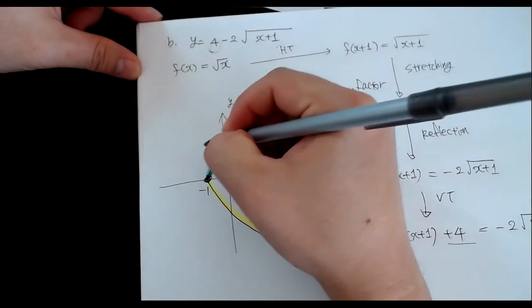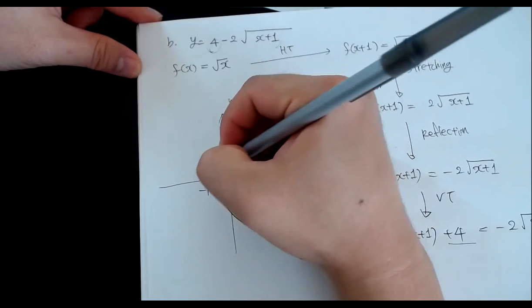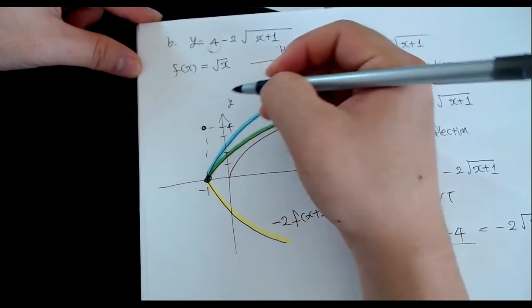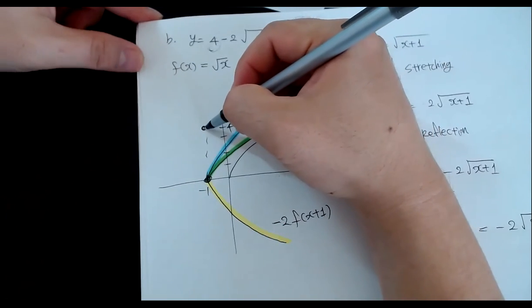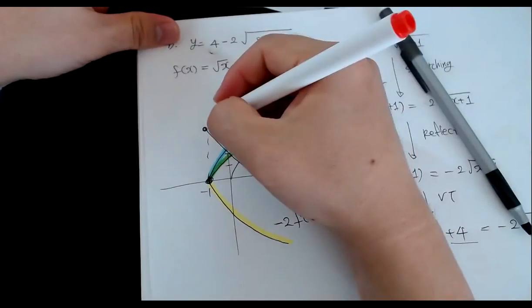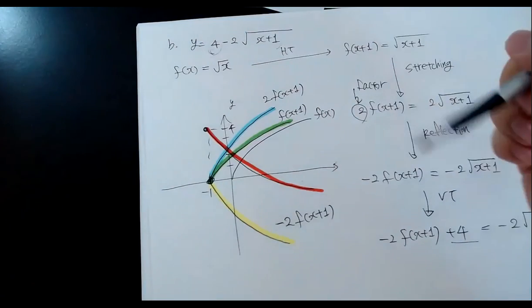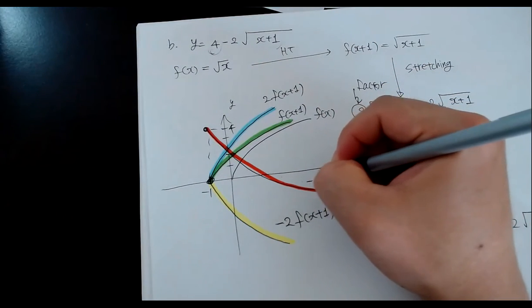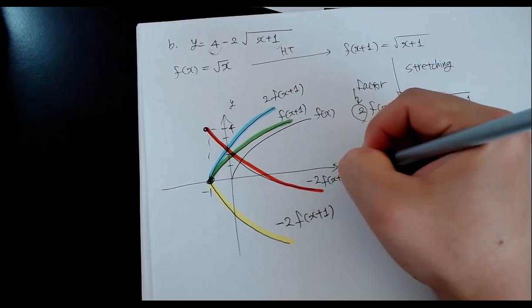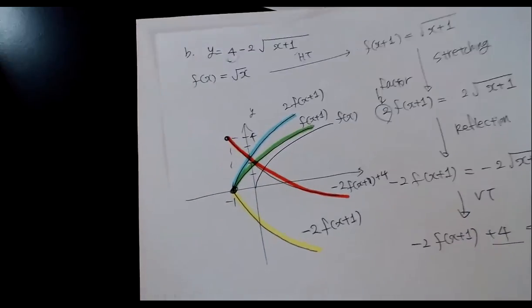So this point moves upward 4 units. 1, 2, 3, 4. So we get this. So that's going to be the graph of negative 2 times f of x plus 1 plus 4. All right, so let's keep writing this.